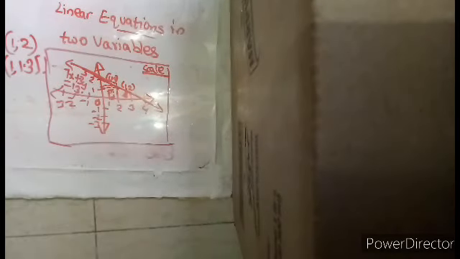Try to mark other types of equations and practice more so that you get it more clearly. With this, this chapter is also finished, and we have completed 4 chapters. 2 chapters are left to complete the mathematics syllabus. We'll try to complete these, and we'll start the science one also. Okay, so thank you.